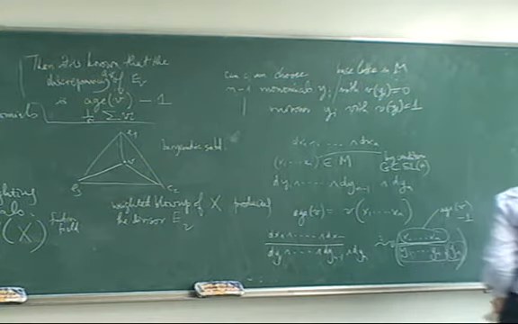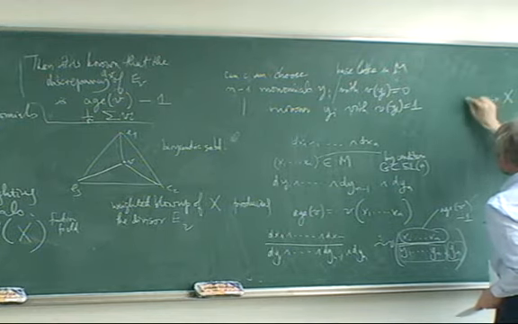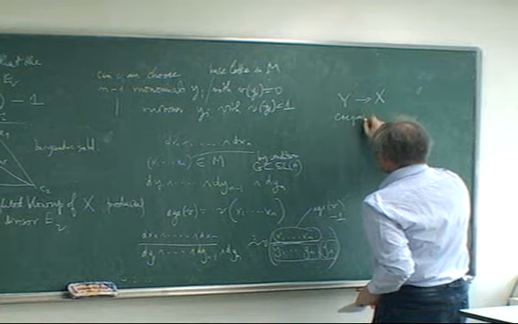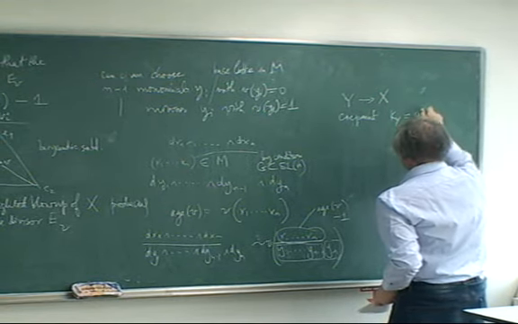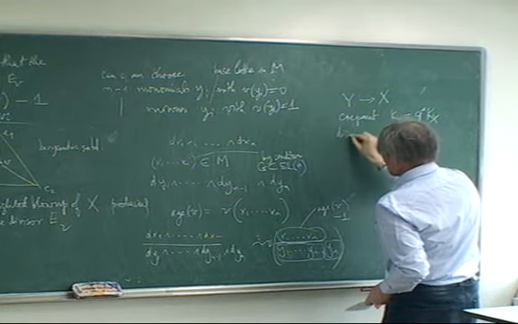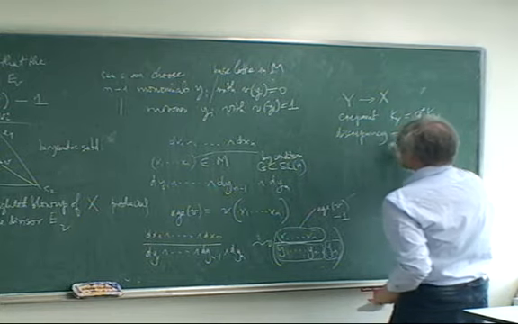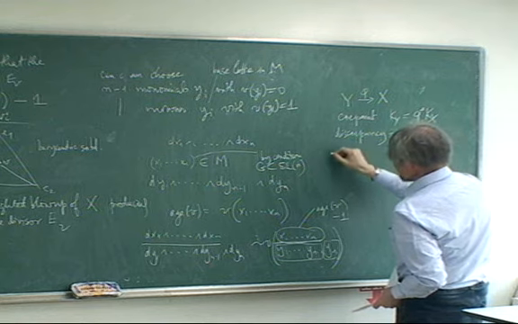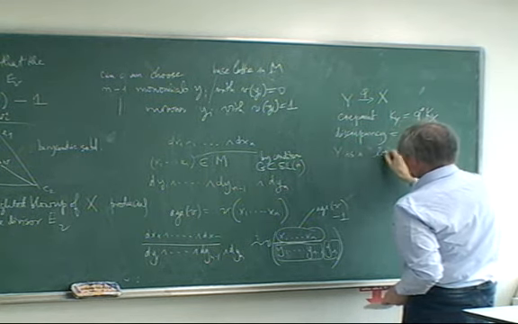So in particular, when I have this X and I do Y to X, crepant means that K_Y equals phi pullback of K_X. So this means discrepancy equals 0. This also appears in the literature as saying that Y is a local Calabi-Yau.